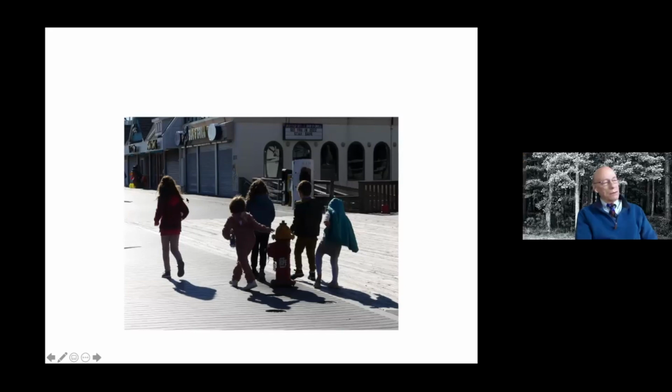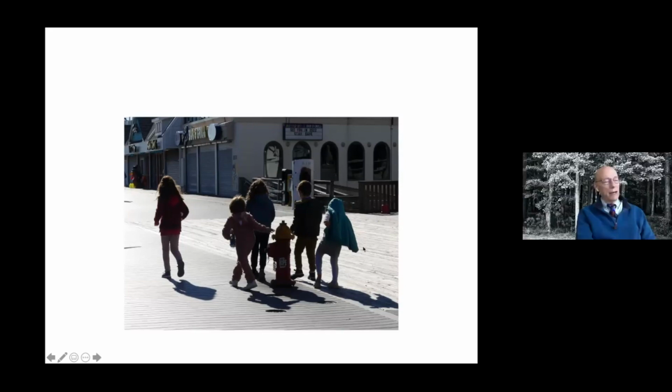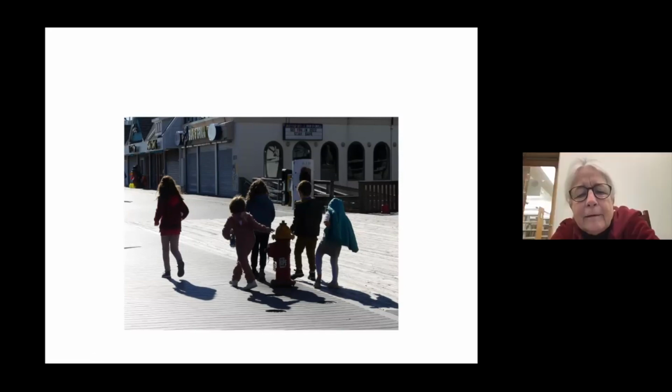So the diagonal lines of the children walking and the boardwalk, do they create a feeling of direction, tension, action? Well, now that I look at it, it's the children's legs that really show what's going on, but that's reinforced by their shadows, I would guess.